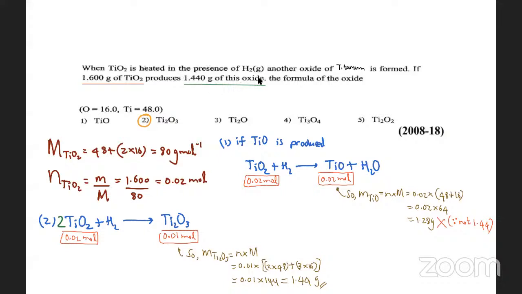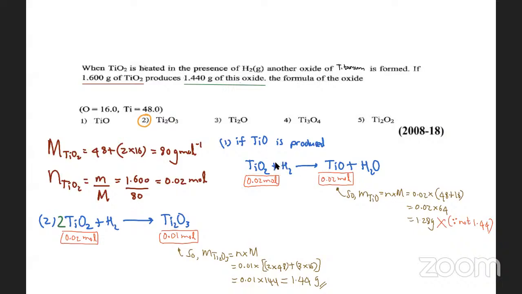So it's not always about writing the entire equation and balancing it. It's about getting the ratio between the most important ones. In this case, the ratio between titanium oxides is enough. Right? We don't have this reaction in our syllabus, believe me. Even your seniors will not know this reaction.